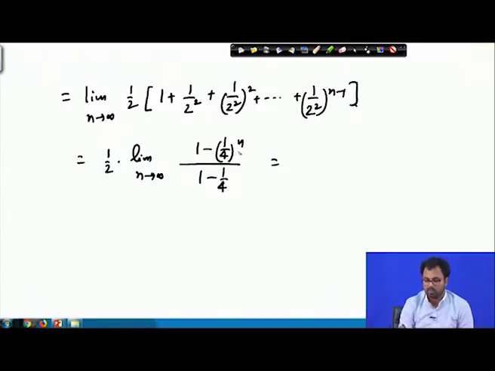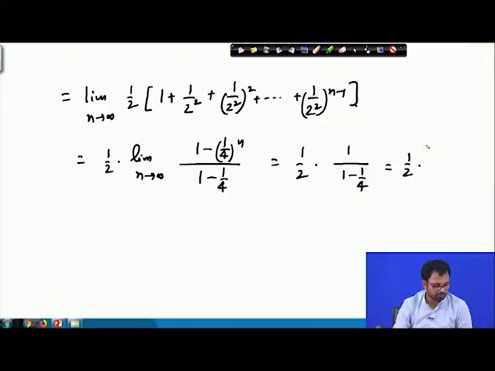If n goes to infinity, then this term will go to 0, and here we will have 1 by 2 times 1 by 1 minus 1 by 4. So this will be 1 by 2 times 4 by 3. So here we will obtain 2 by 3. So this will be the answer of this problem.